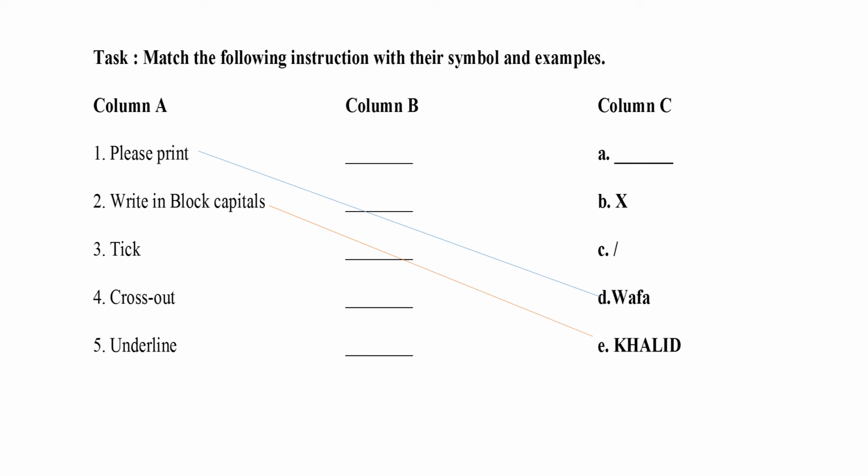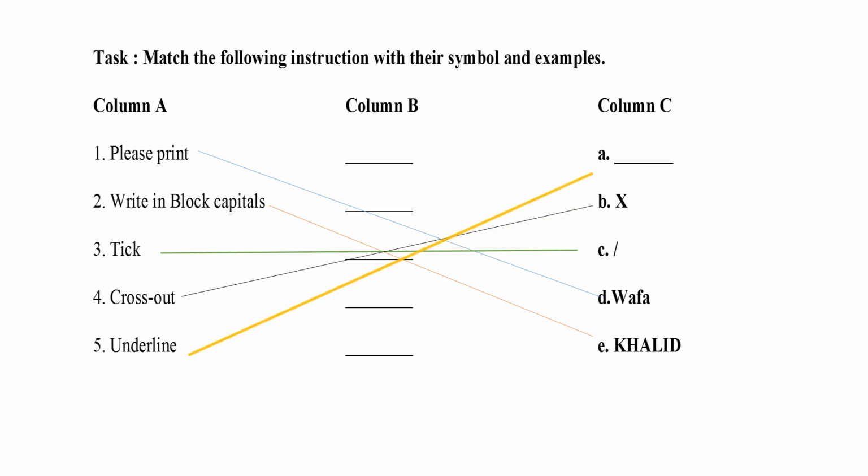Tick, like a tick. Cross out, to put an X. Underline, to underline the answer. So if they ask you to cross out and you underline, this is a mistake. They will notice that you don't read, you rush, you don't concentrate. So you have to work here slowly and be precise in following these symbols.